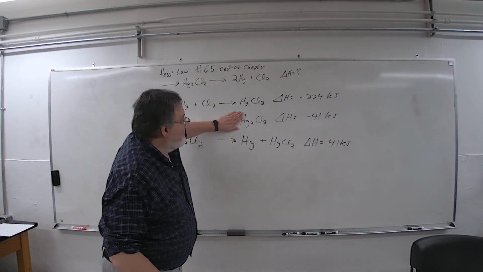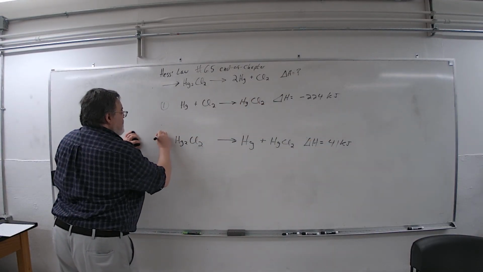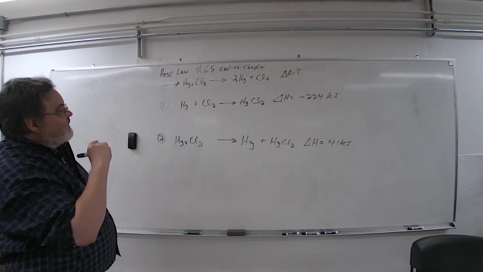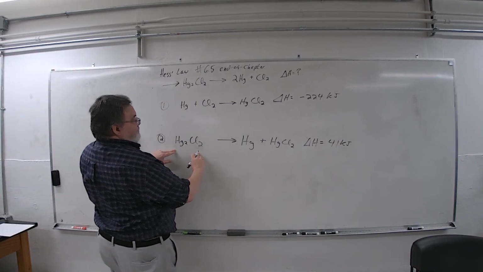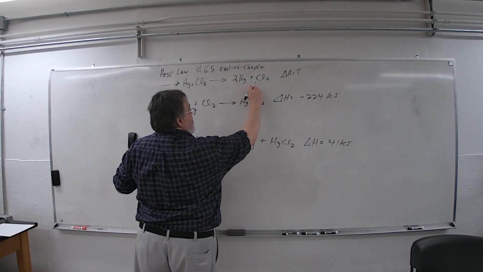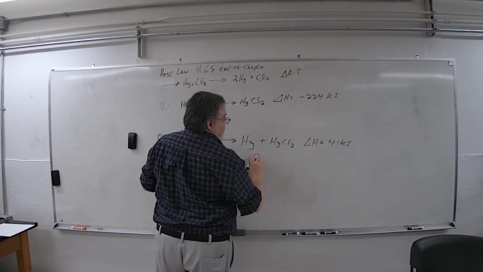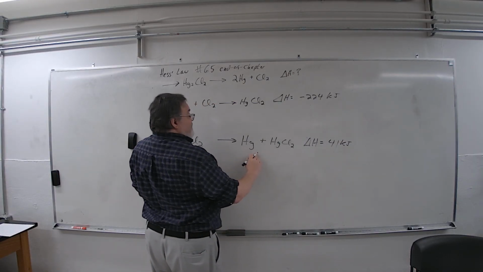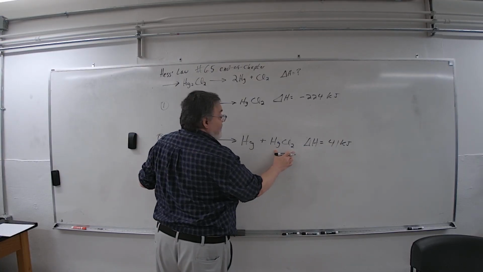So I've just manipulated equation number 2 and flipped it around backwards. Okay, now let's look at what we've got. I've got Hg2Cl2 on the left side. I need Hg and Cl2 on the right side. I have Hg. I still need a Cl2, and I need to get rid of this HgCl2.